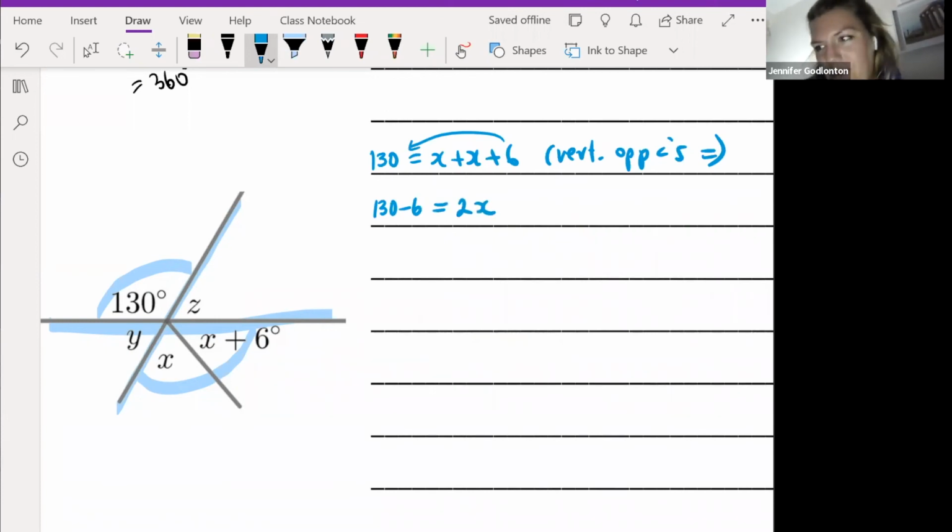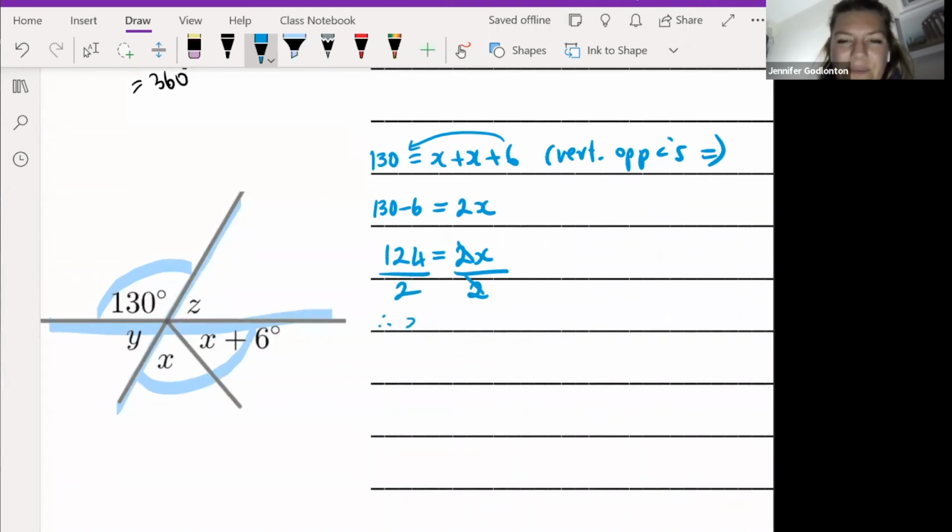Then it's 124 degrees is equal to 2x, and you divide both sides by 2. Then x is equal to 62. Okay, so x is equal to 62.